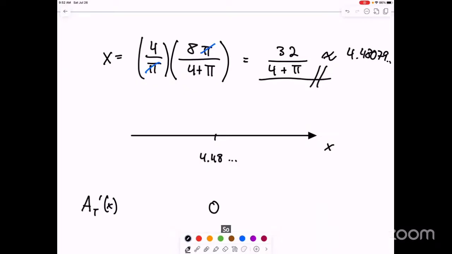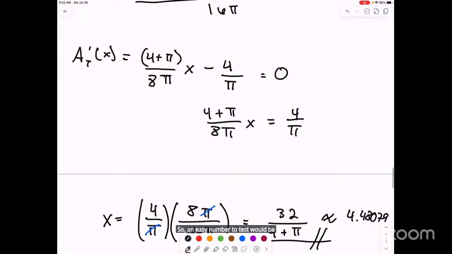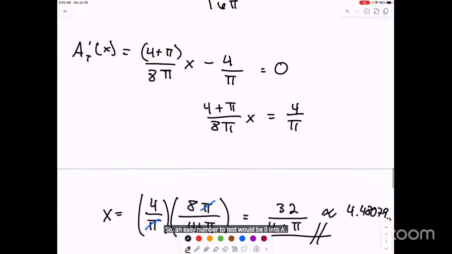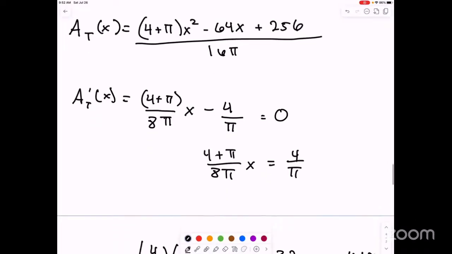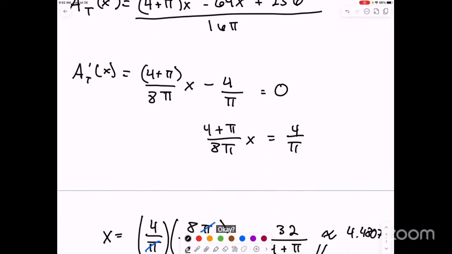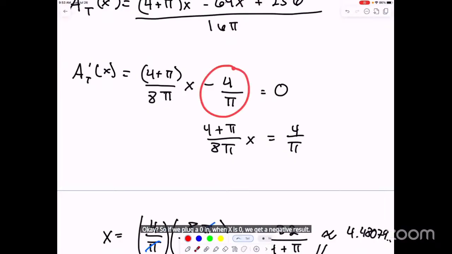So an easy number to test would be 0 into a prime. So if we plug a 0 in, when x is 0, we get a negative result, right? This guy is gone, we get a negative result.